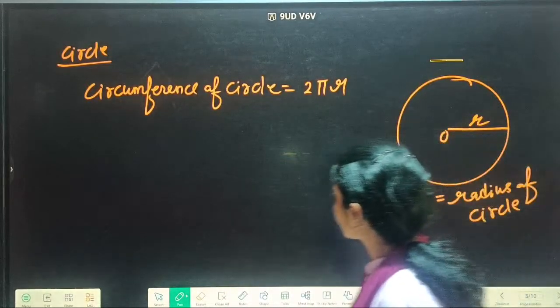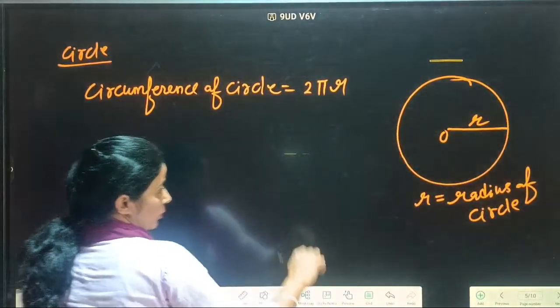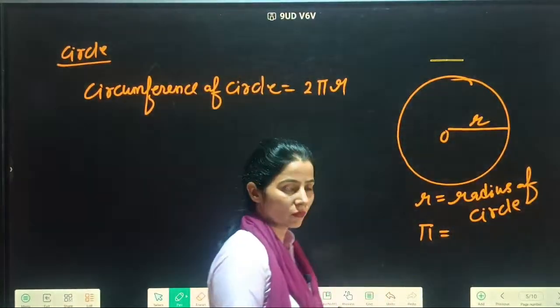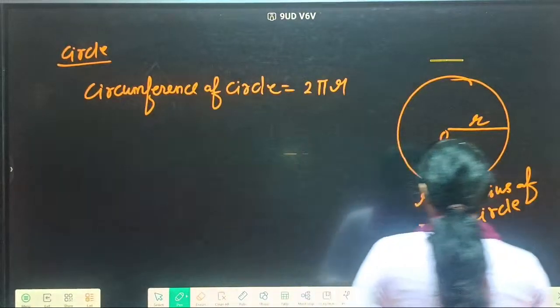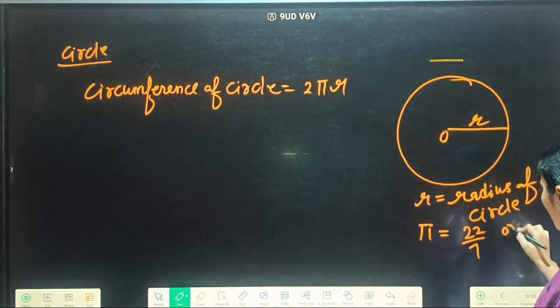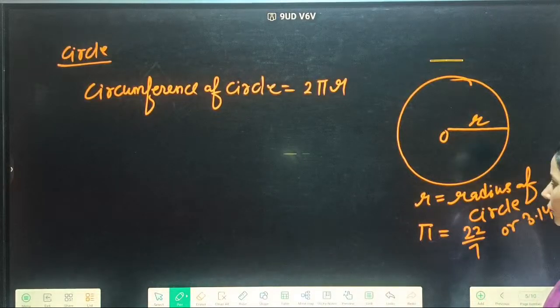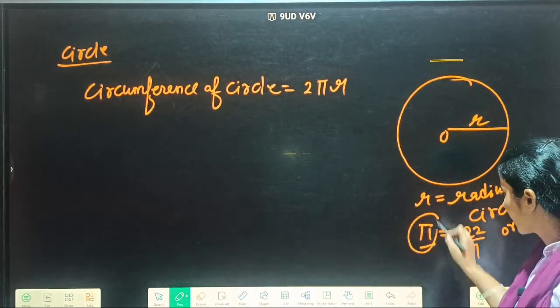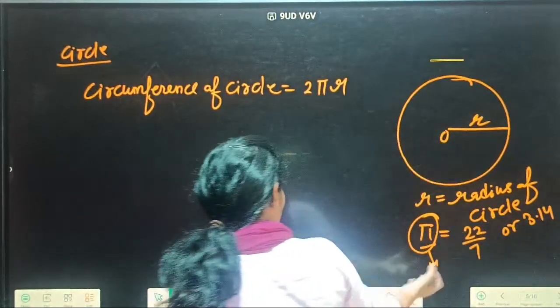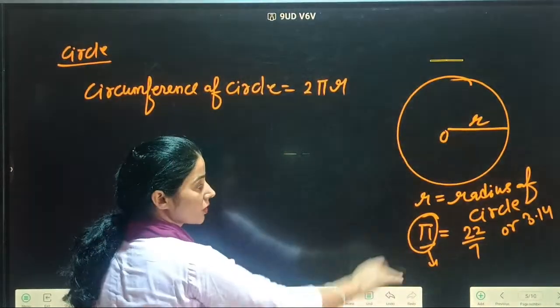And now see, what is pi? Pi is one value we are using according to your class, that is 22 by 7 or 3.14. But pi has more importance in itself rather than these values.